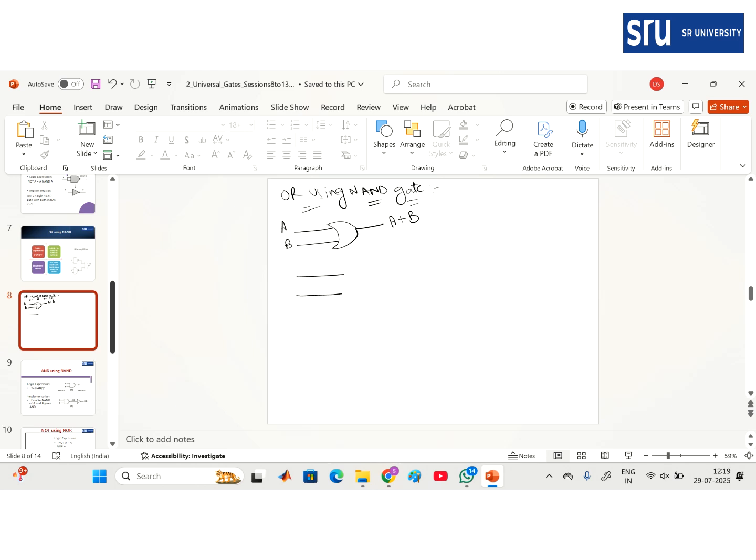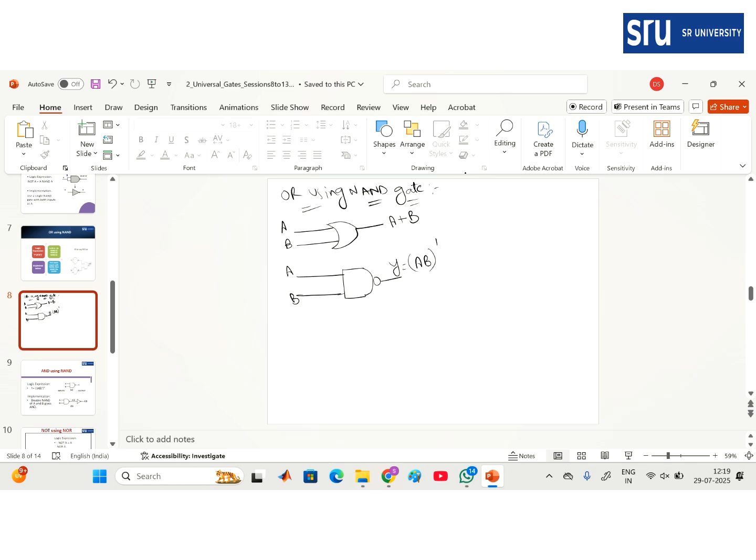Now let us consider the NAND gate. The NAND gate also has two inputs, A and B. The output expression for this NAND gate is Y equals AB whole bar. Now we have to use the NAND gate to get an OR gate.